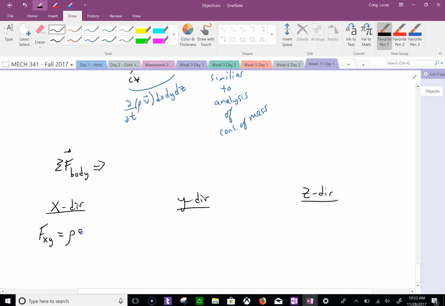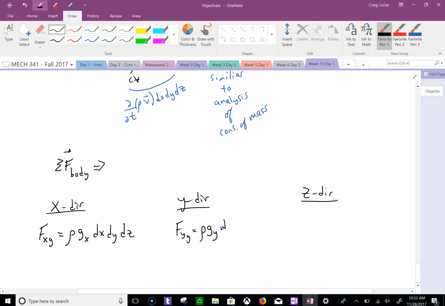So we have rho gx dx dy and dz. What does this give you right here? Volume. So volume times density gives you mass, and that times that, okay? And you could do the same for these.